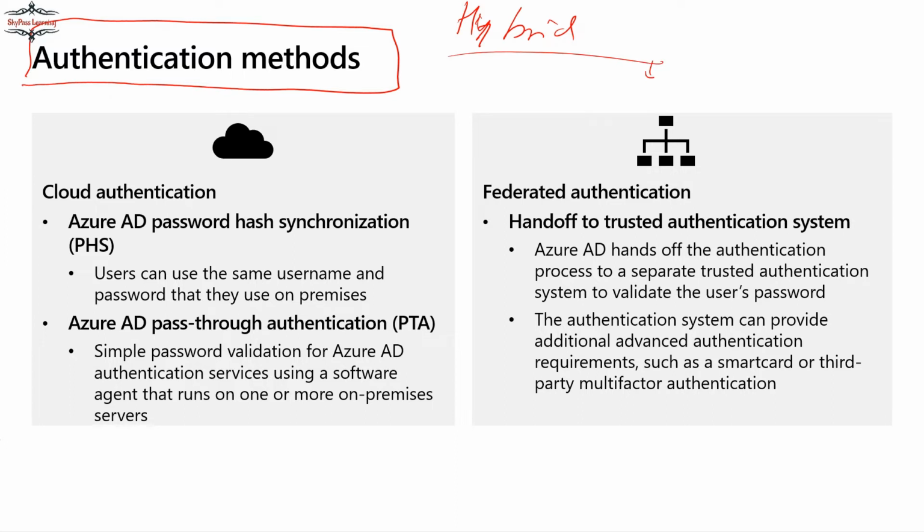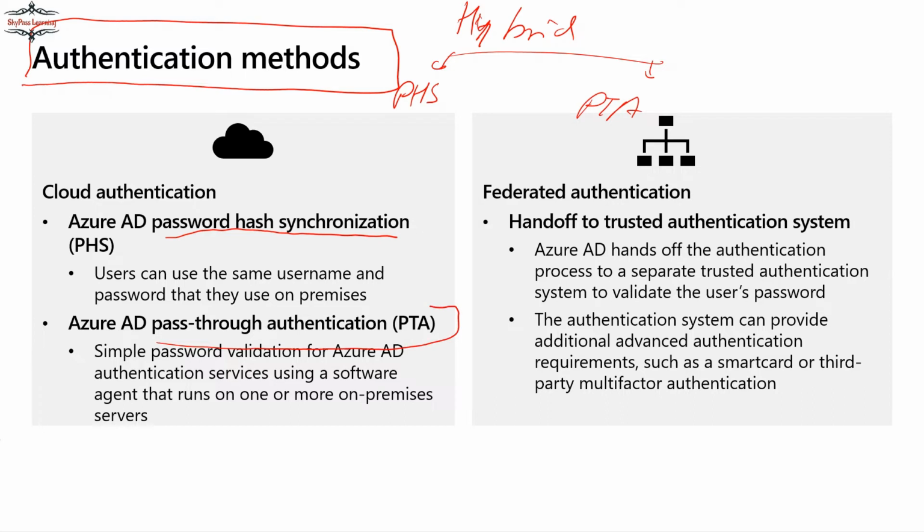What are those? The first one is PHS, called password hash synchronization. That simply syncs your username and password from on-premises to cloud. I will cover each of them one by one in the next slide in more detail. The second authentication type is PTA, that is pass-through authentication.